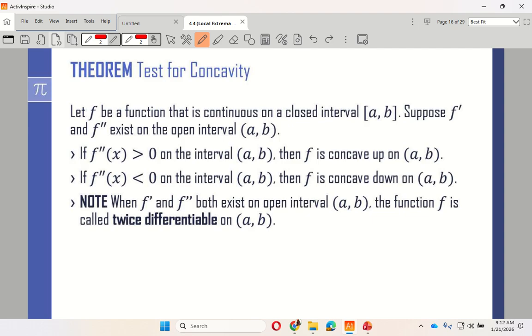F double prime less than 0 on the open interval a to b, then f is concave down on the interval from a to b. Note when f prime and f double prime both exist on the open interval, the function f is called twice differentiable on a to b. See this right here?